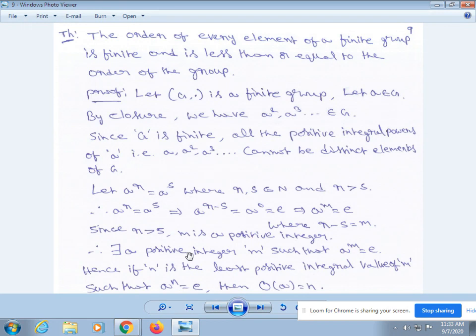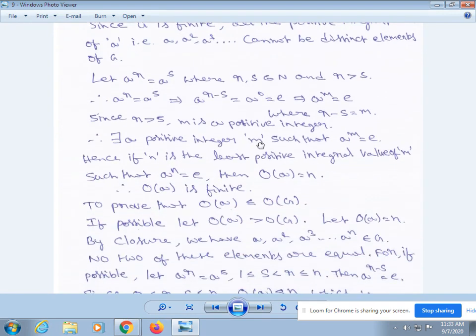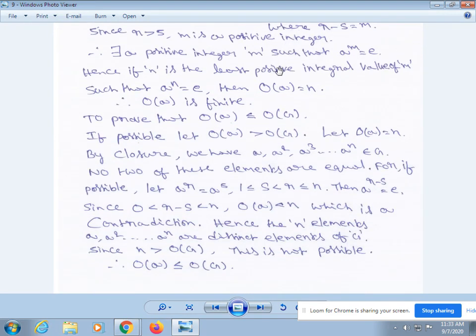Since r is greater than s, m is a positive integer. Therefore, there exists a positive integer m such that a power m equals e. Hence, if n is the least positive integral value of m such that a power n equals e, then order of a equals n. Therefore, order of a is finite.